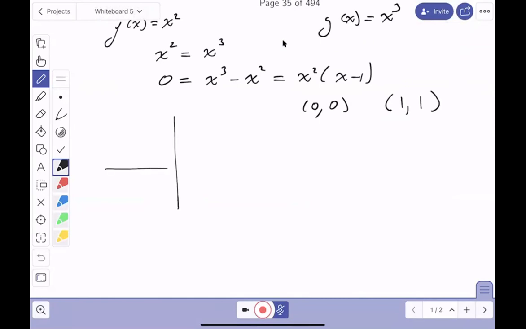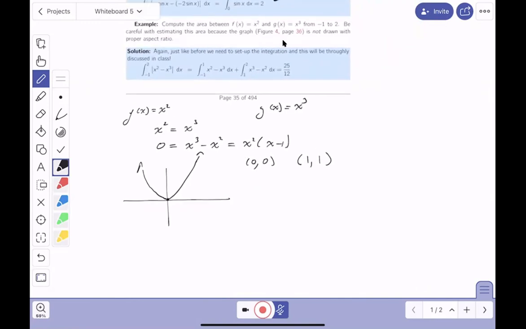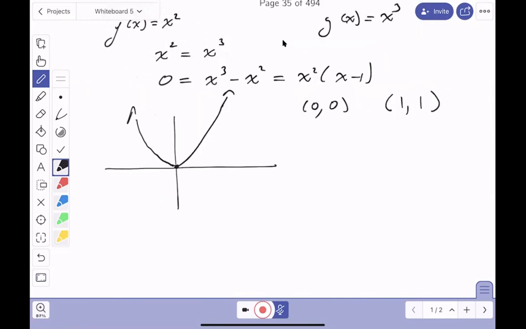I'm going to draw my parabola. f of x looks like this. And it's got to hit the origin, right? This is where some students are going to really struggle with the problem. And I've got to do that x cubed, but I'm going to go only between -1 and 2.